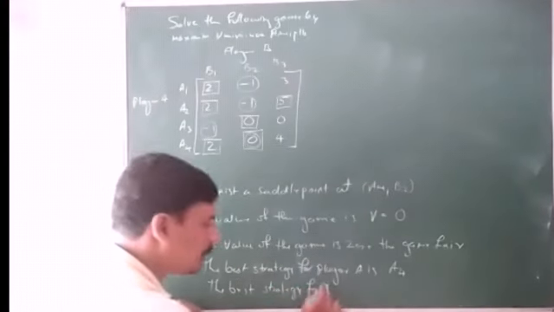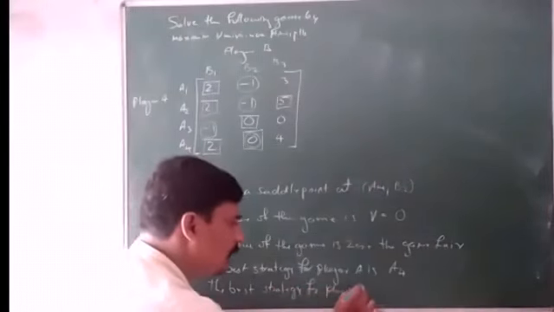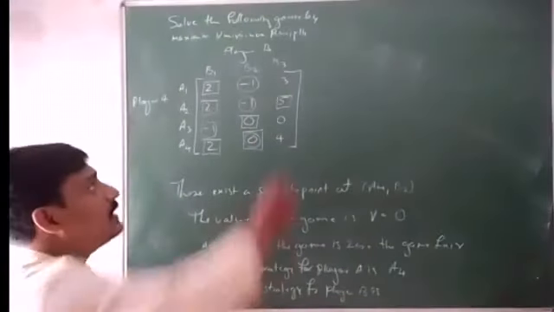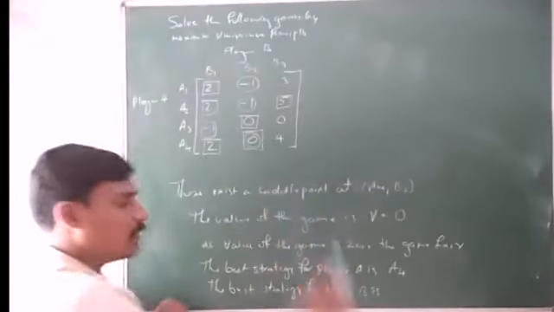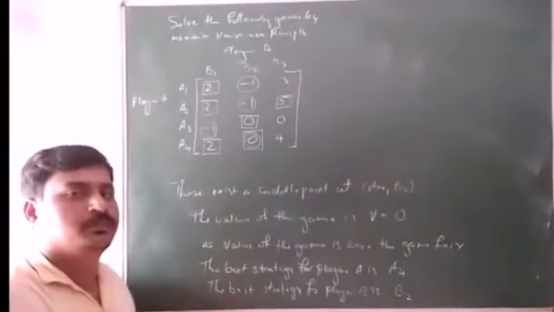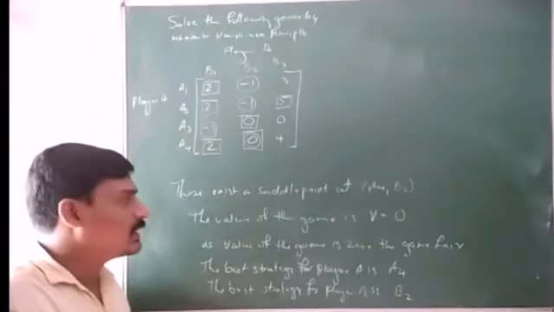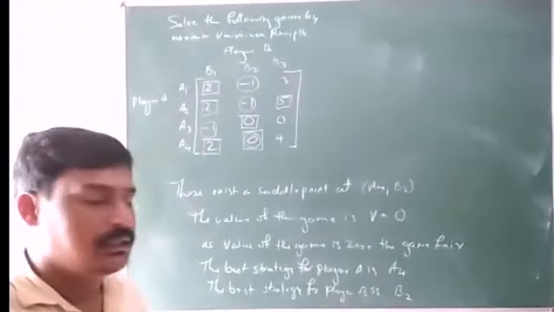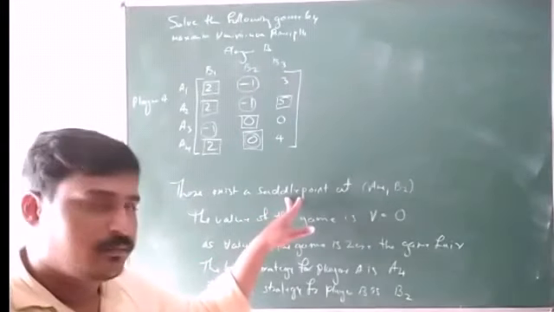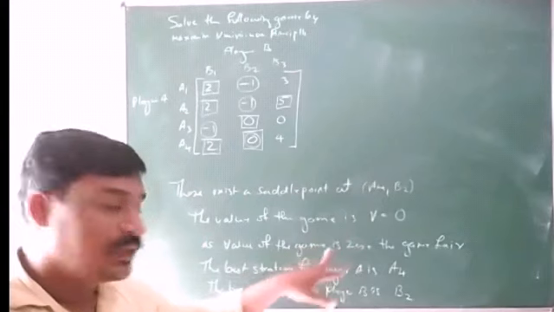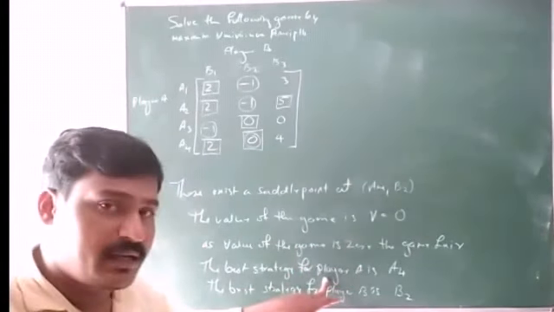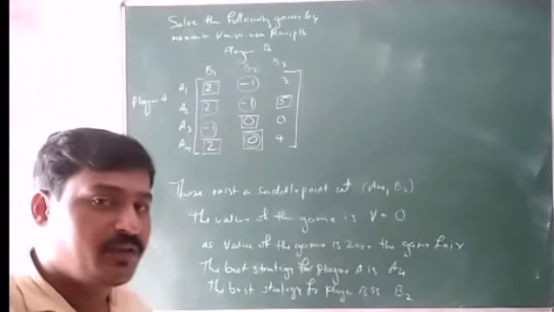For player B: in which column is the saddle point? In the second column, that is B2. So the best strategy for player B is B2. So these are the 5 things which may be asked in a multiple choice question: saddle point position, value of the game, whether the game is fair or not fair, best strategy for player A and best strategy for player B.